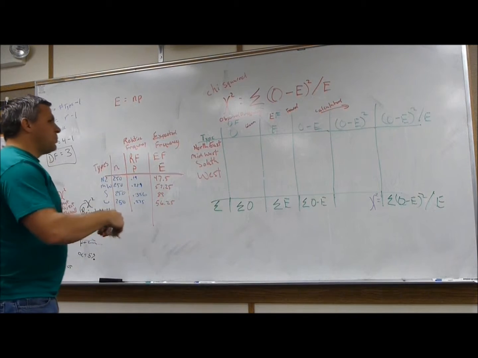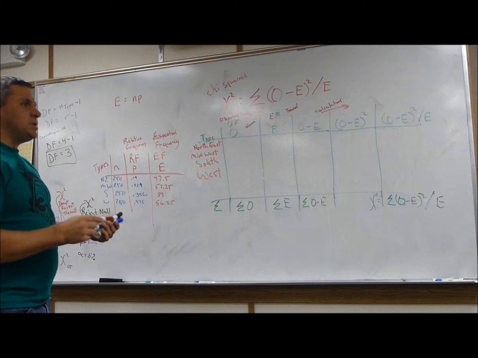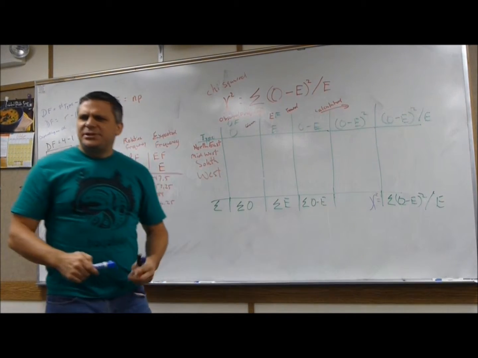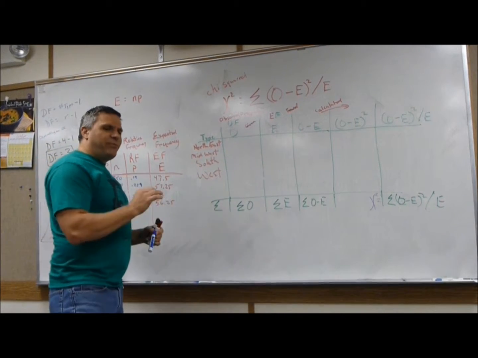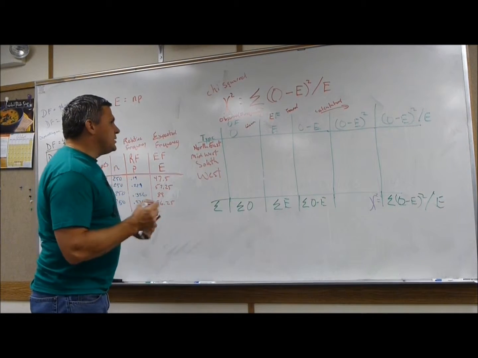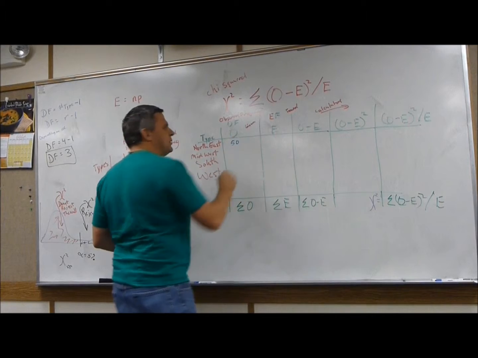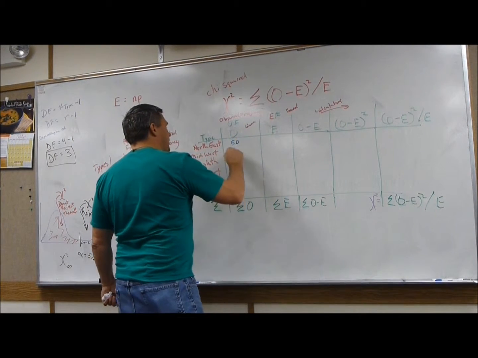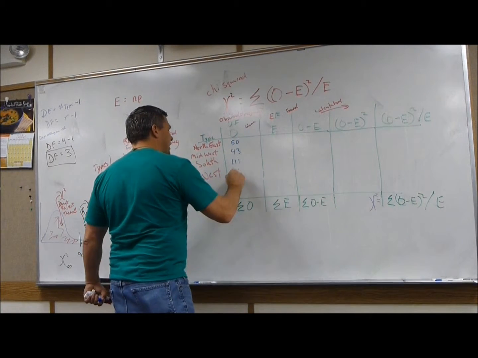With that, we're given the observed values in the problem. What problem is this, by the way? Problem 12.26. In problem 12.26, it's given that we have the observed values of 50, 43, 111, and 46.